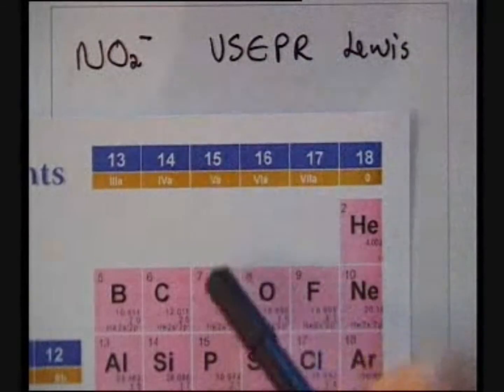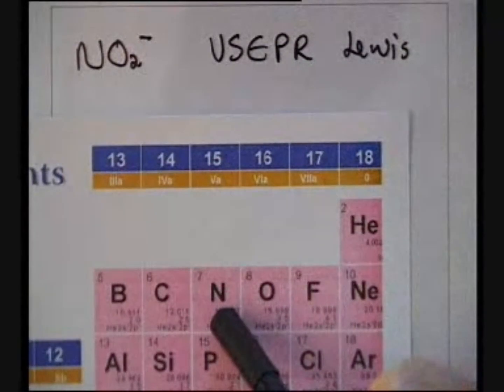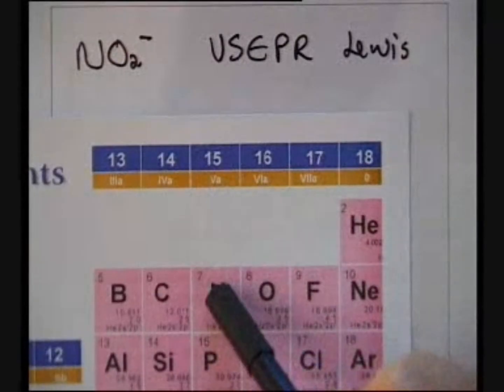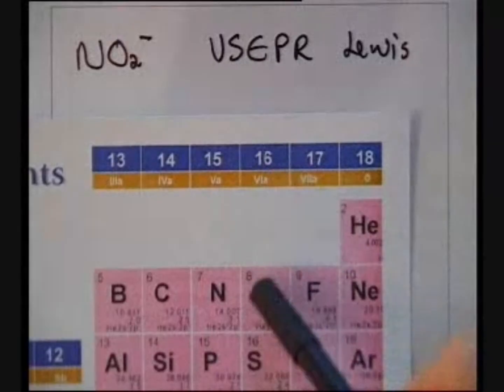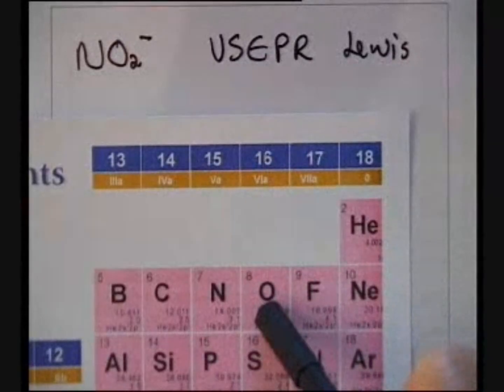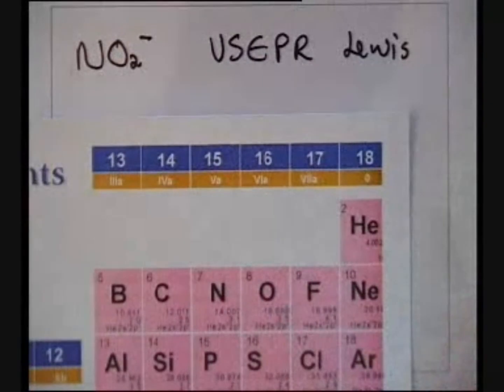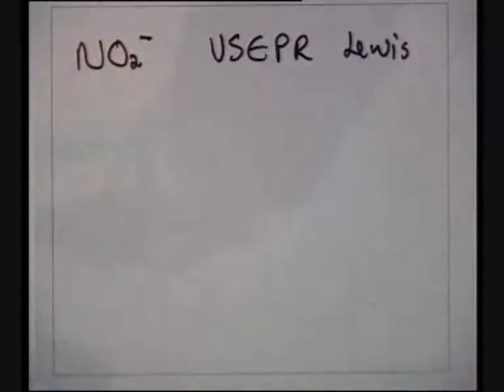Nitrogen is found in the 5th group and 2nd period of the periodic table and will have 5 valence electrons to form covalent bonds. Oxygen is found in the 6th group and 2nd period of the periodic table and will have 6 valence electrons. The nitrite ion contains an extra electron.